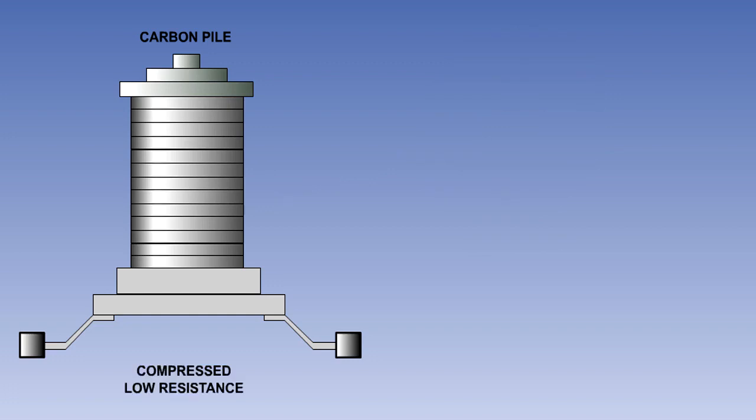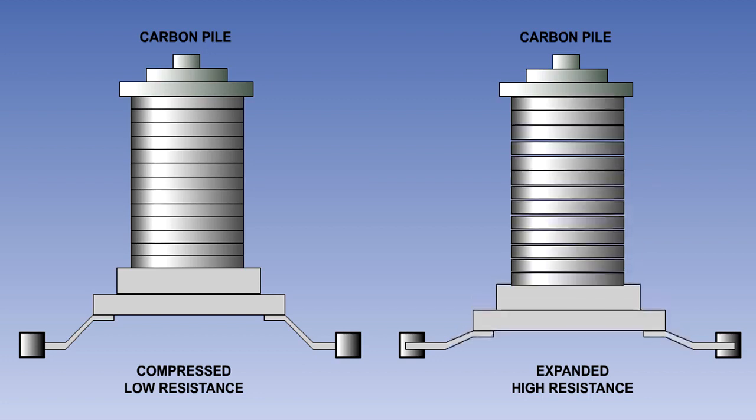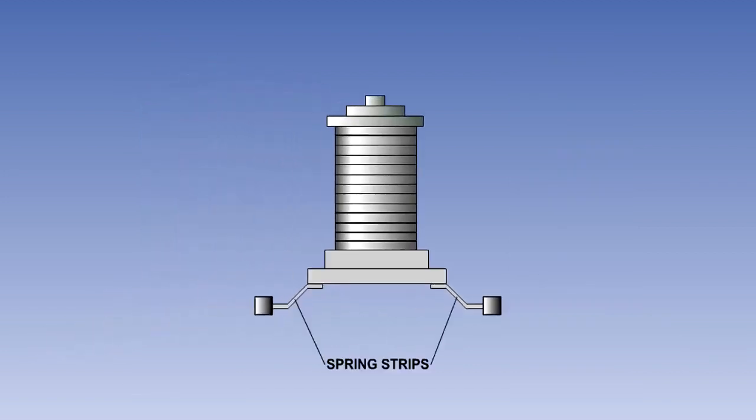The more the stack is compressed and the discs are pressed together, the lower is its resistance. And the less it is compressed, the higher is its resistance. The carbon pile is held in compression by spring strips pushing on the soft iron base plate at the bottom of the pile.